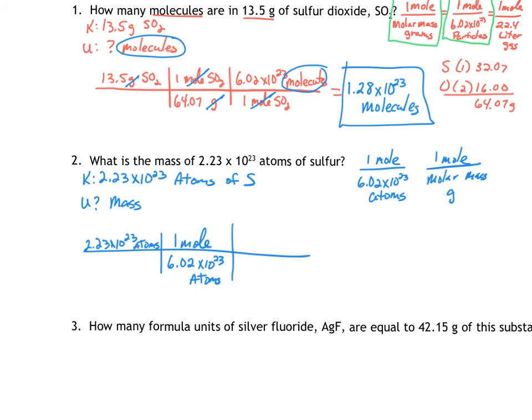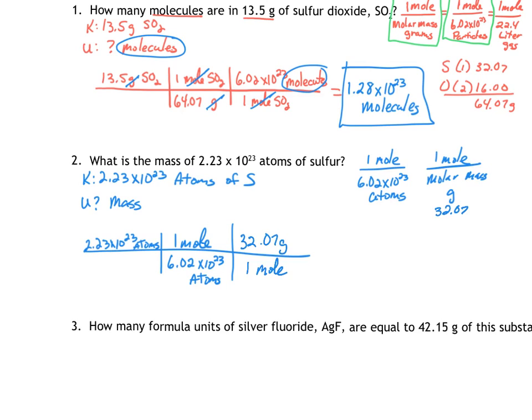So I look on the periodic table at sulfur. Sulfur has a molar mass of 32.07. I guess I could look up at the other one here. I didn't even need to use my periodic table. So now I'm ready to put in this conversion factor. Mole is on the top, so I'm going to need 1 mole on the bottom, and then my molar mass, 32.07 grams.